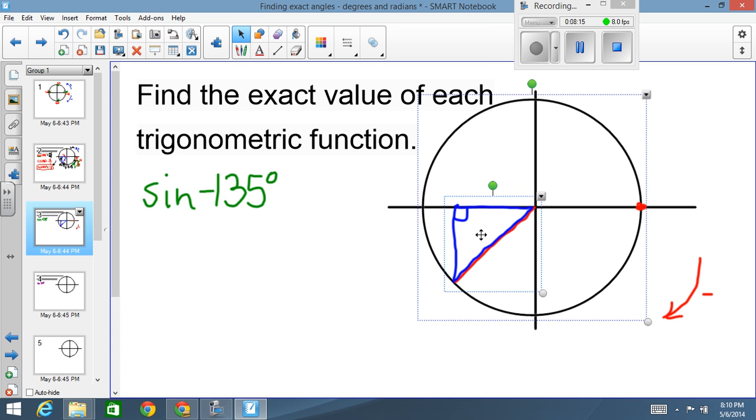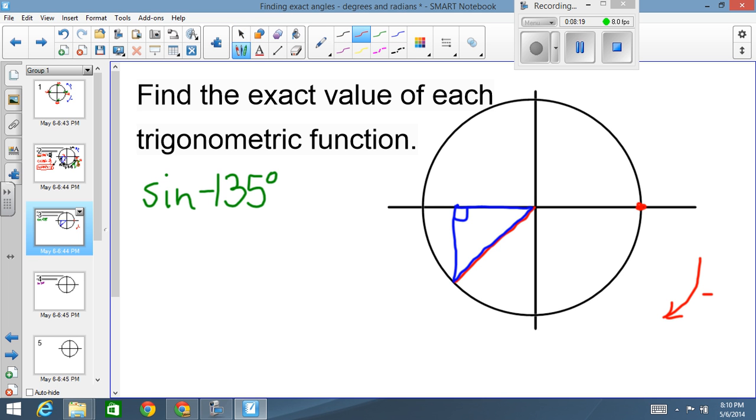I also know that this is going to be a 45, because I went down 90, I went another 45. I know there's 90 degrees in each quadrant, so basically that 90 gets split right in half. I know that my hypotenuse is 1.